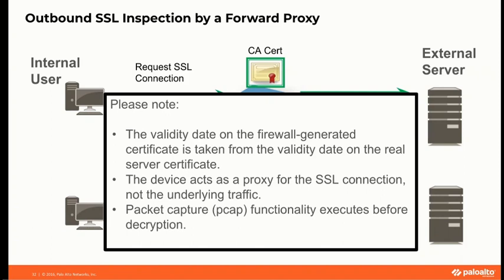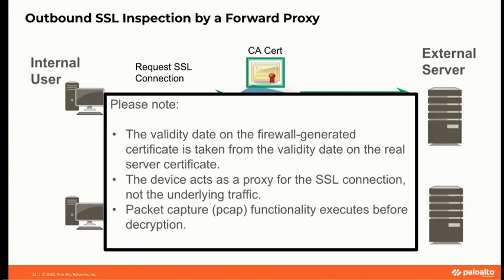The firewall, or Prisma Access, then forwards the request to the server, but generates a certificate on demand in response to the client request. This results in a secure connection between the client computer and Prisma Access. Prisma Access then initiates another secure channel to the actual server using the server certificate. This process allows Prisma Access to sit in the middle of these two secure connections.